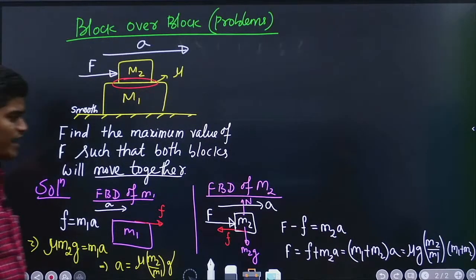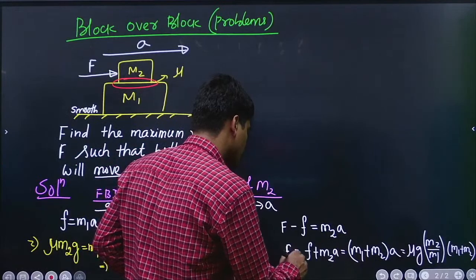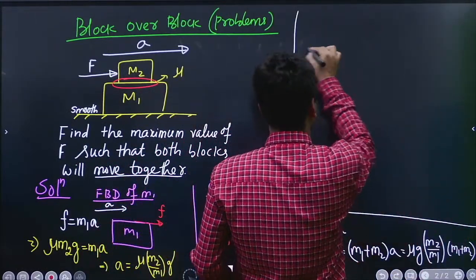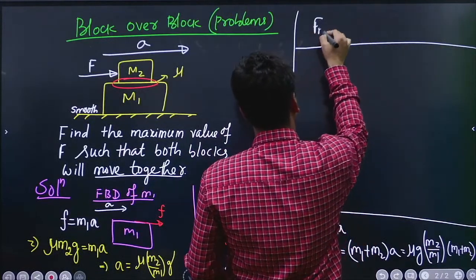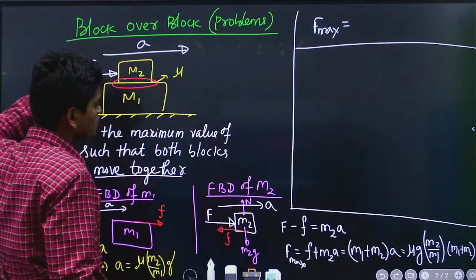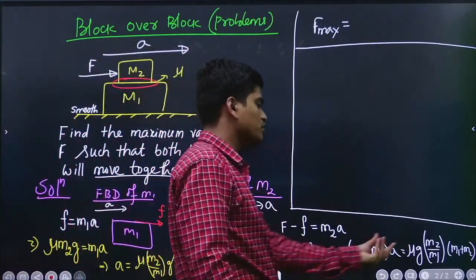So if I want to find the maximum force condition, then the maximum force condition is this one. If I modify this a little, what can I tell? My maximum force is just to move together, or the two blocks will move together. What is the maximum force condition?